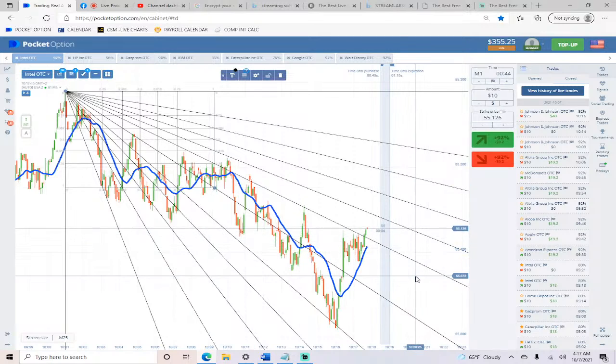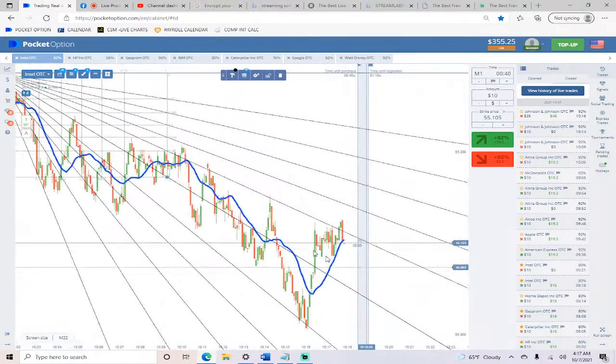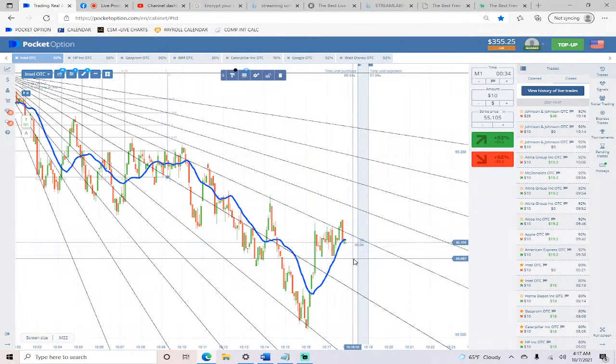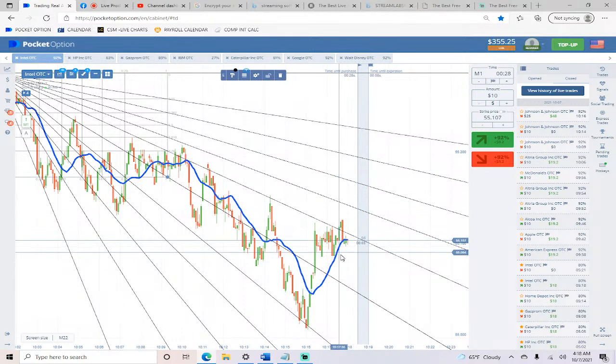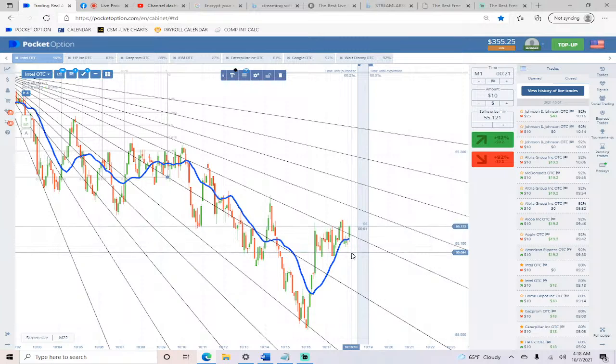This is looking nice. Okay, we busted through. Where did we get support before? Big trend line getting broken. I'm actually just noticing it coming downward this way. Target's going to be somewhere. Yeah, that was about it.